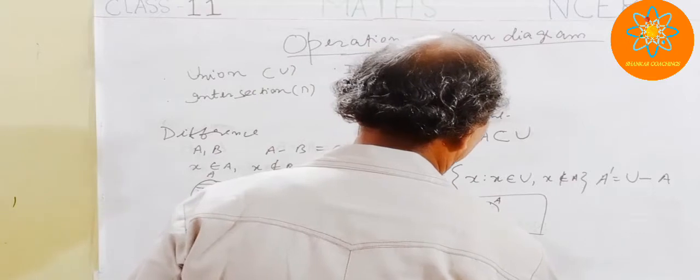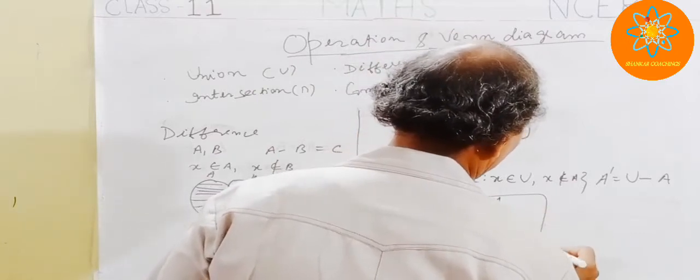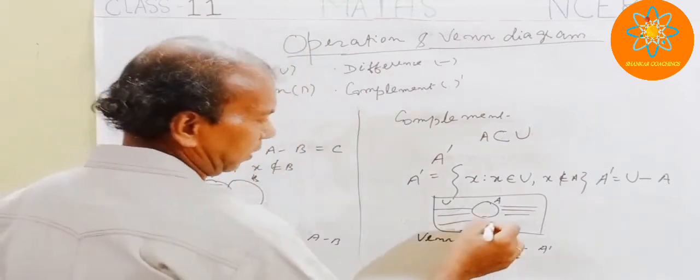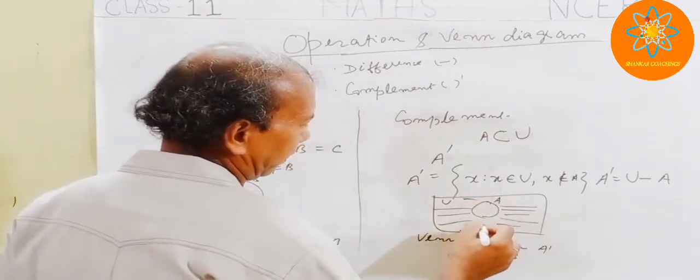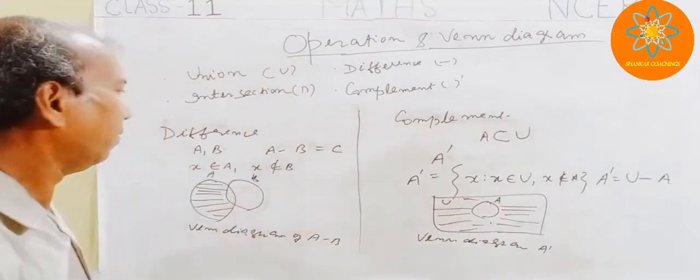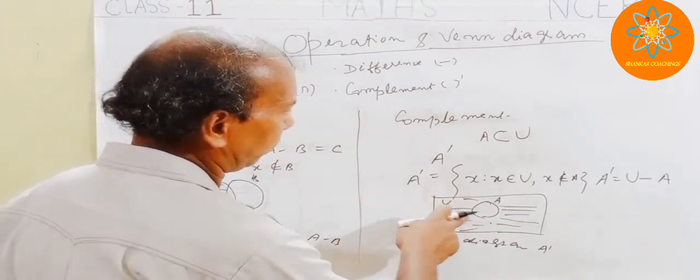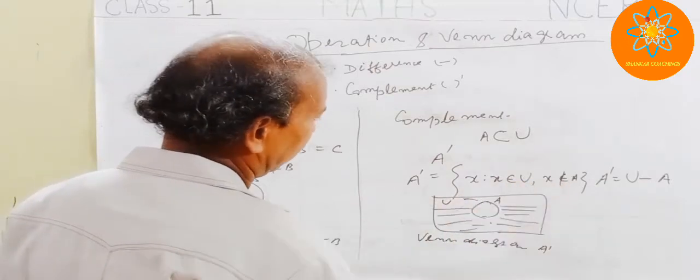This portion is the Venn diagram of A complement. You can see clearly here that A complement is a member of U, but not a member of A.